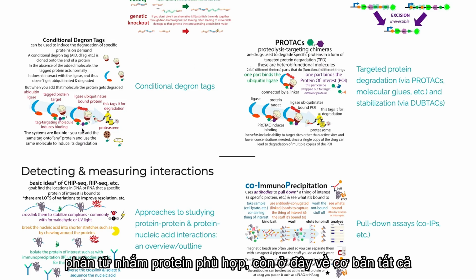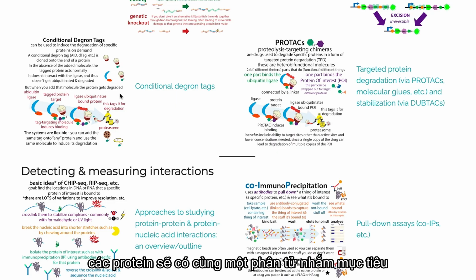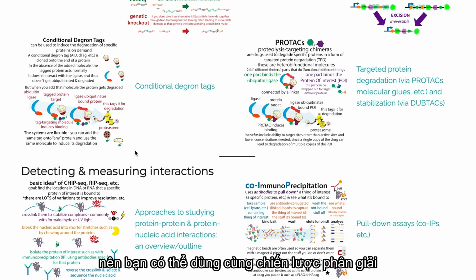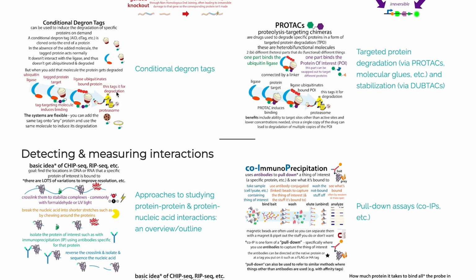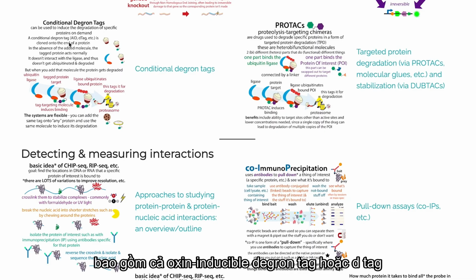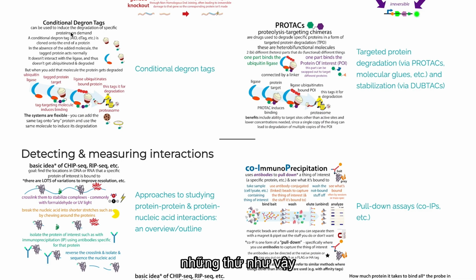Here, basically all the proteins are going to have that same targeting molecule, so you can use the same degradation strategy. But you have to clone the sequence so that it has that actual tag on it. But that's a conditional degron tag. This includes things like an oxygen-inducible degron tag or dTAG.